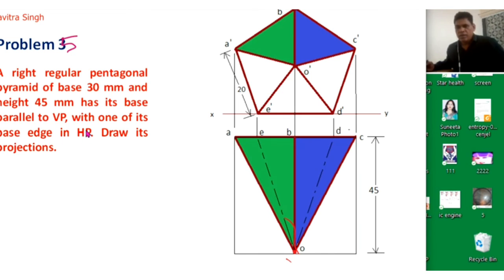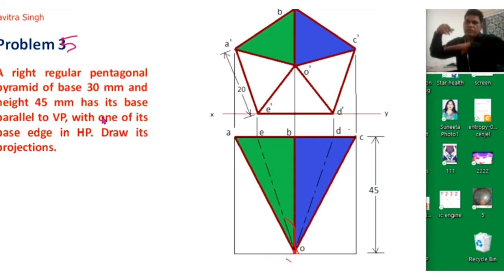So actually this pyramid is parallel to the horizontal plane, meaning its axis is parallel to the horizontal plane. That's why we can see the complete projection of its 5 sides from the top.